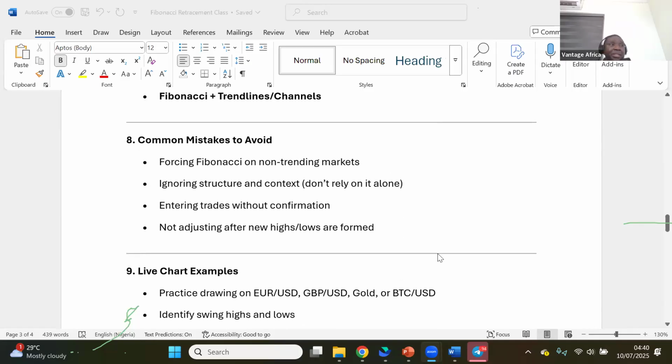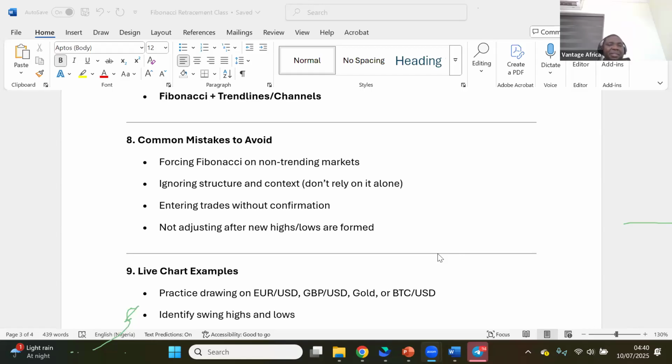So these are some common mistakes that traders might experience using Fibonacci. Using it in a non-trendy market. If you're using Fibonacci in a non-trendy market, it could work, but sometimes you will see that it does not respect those levels, especially the 50 and 61.8.